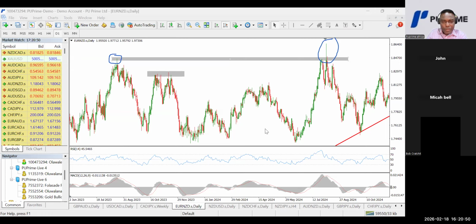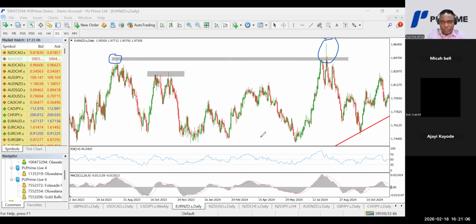All right, just a second, please. Okay, Ajayi Kayode, which one are you talking about? The last one you just made examples. On this current chart? Two rejection candle. But in that level, there is no previous resistance there for us to actually know that. Okay, are you talking about this specific chart on Euro NZD?